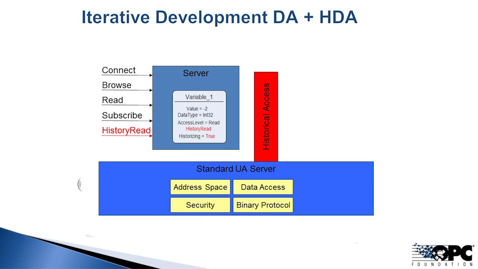And if you now want to extend this standard OPC UA server with a pure data access functionality to make it a historical data access server, you only need to add one additional service, which is the history read service. And then in your information model, you change the attribute. As you can see here, it has access level history read, and the historizing attribute is true, indicating that for this particular variable, there is history available.